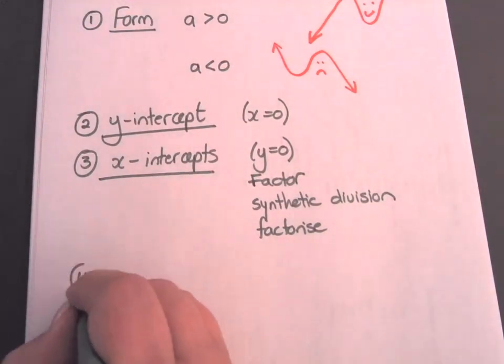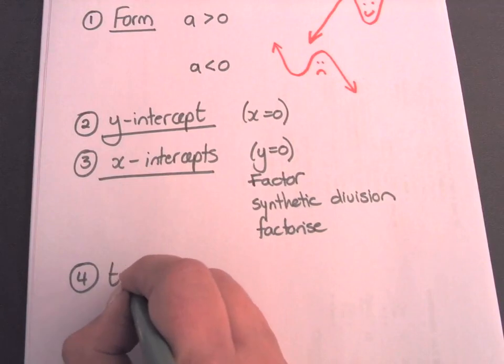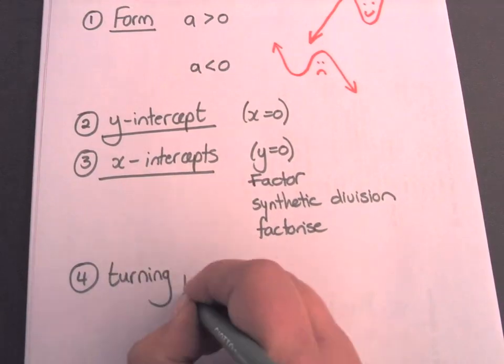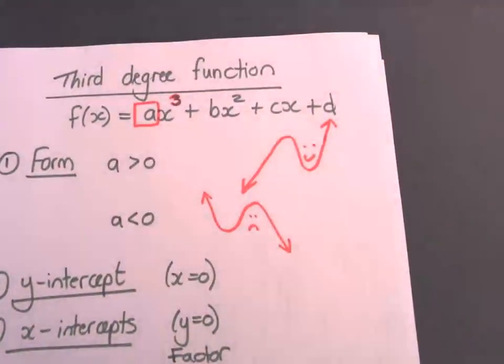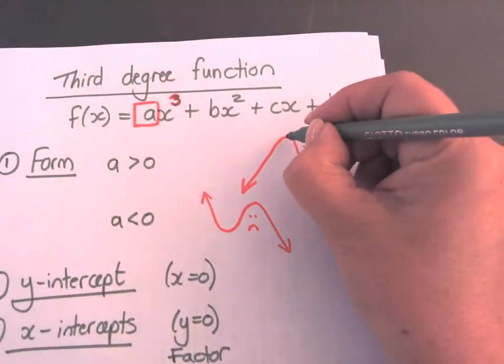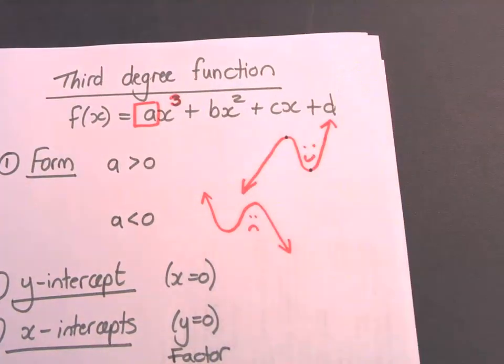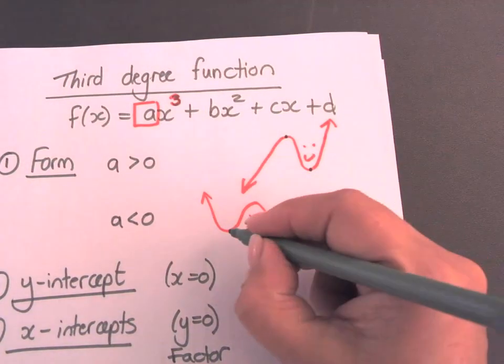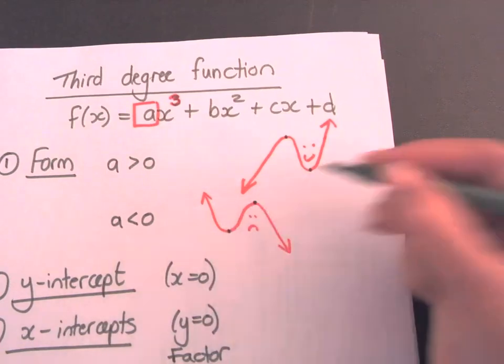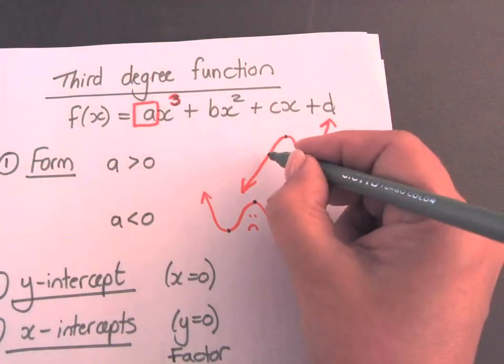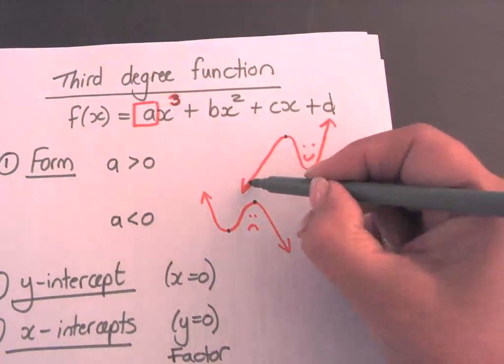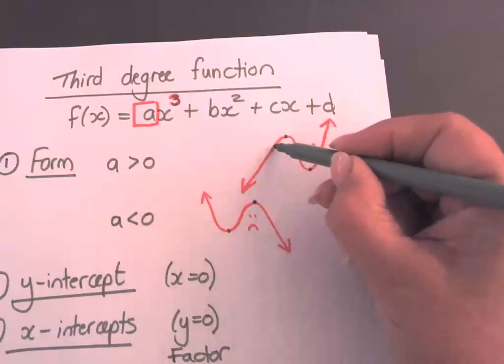Number 4 is your turning points. If we look at our graph, the turning point will be there and there. That's where they change direction. So we always have 2 turning points. But there's an exception, and I will tell you when that will be. If you look at the turning point, here my gradient is positive.